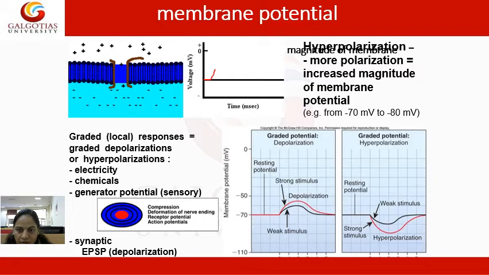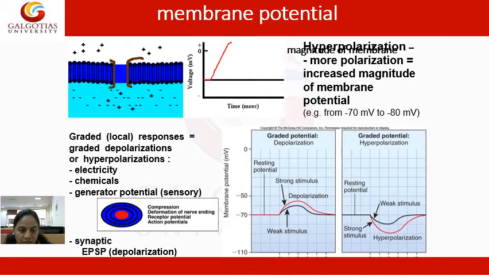So it may be hyperpolarization, this is the magnitude of the membrane, and the polarization done through the membrane, and the increased magnitude of the membrane potential can be recorded here like this. So graded local response and graded depolarization or hyperpolarization, you can get through electricity, chemicals, and generator potential, sensory.